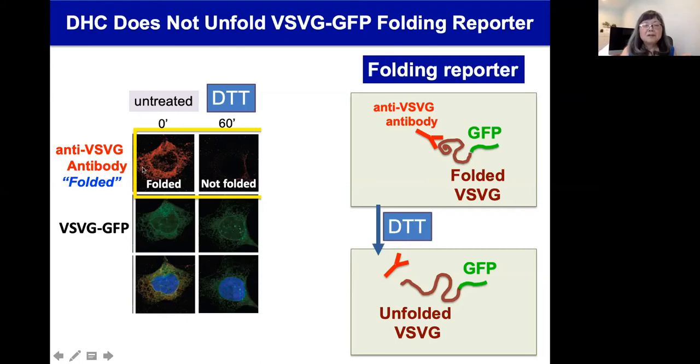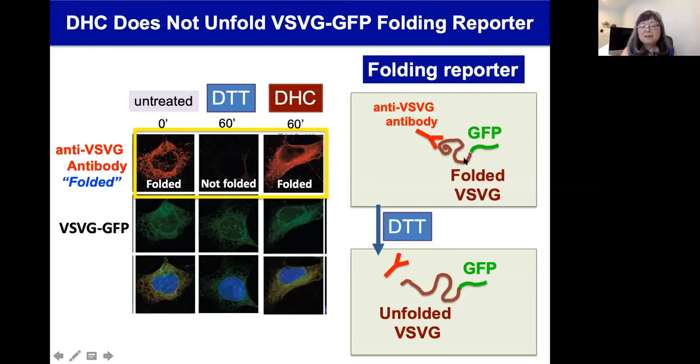So if you do immunofluorescence with this antibody to look at the VSVG portion of the protein, you can see a pretty good, actually robust signal.